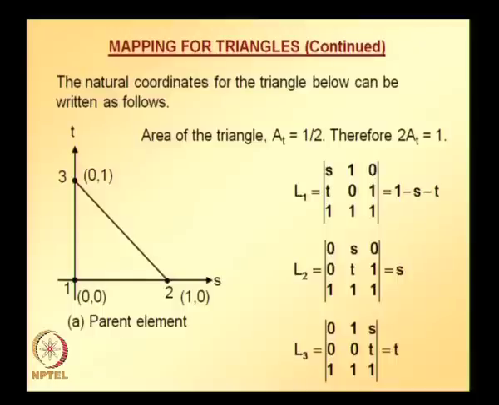So, we got L1, L2, L3 for these nodes. Using the 3 subscript numbering scheme, the shape functions for this triangle can be readily written, and you can do that as a part of homework, and it can be easily verified that L1 is same as N1, L2 is same as N2, L3 is same as N3.